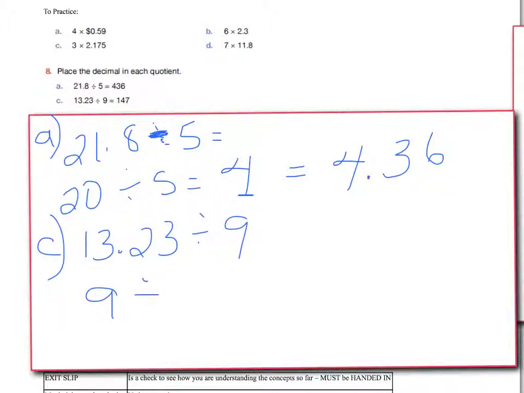So 9 divided by 9 equals 1. So if I'm trying to place my decimal, if I have 147, well, closest to 1 then would be 1.47. So that's where my decimal would have to be placed. So sometimes estimation can also be used to place the decimal into an answer.